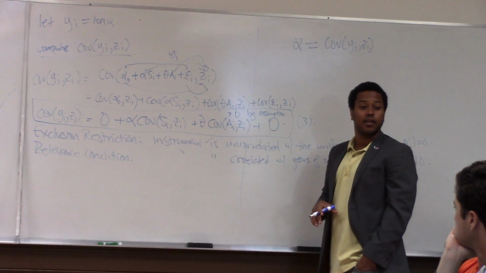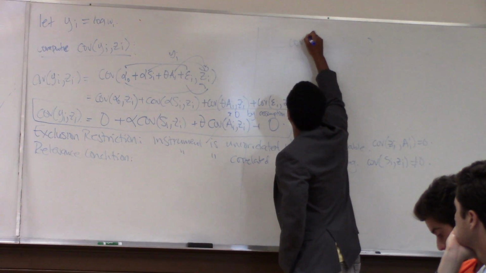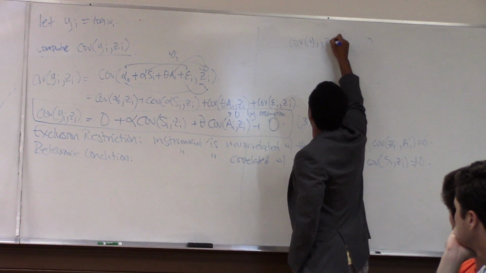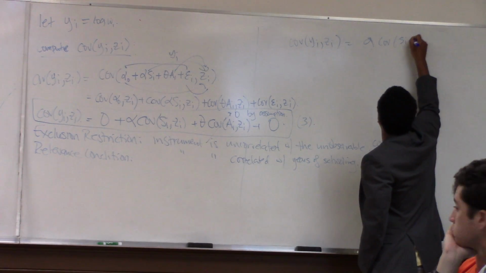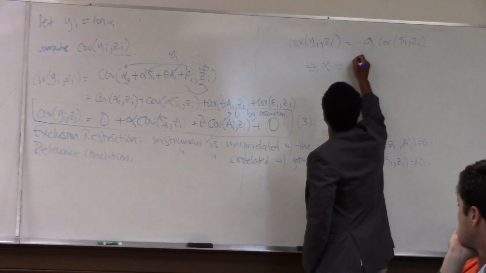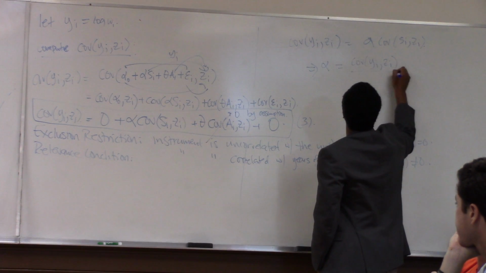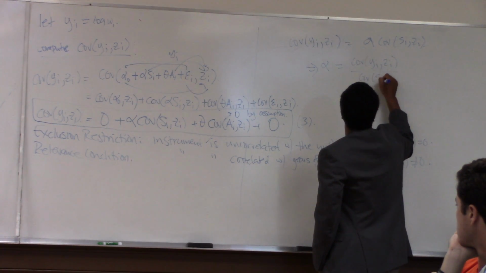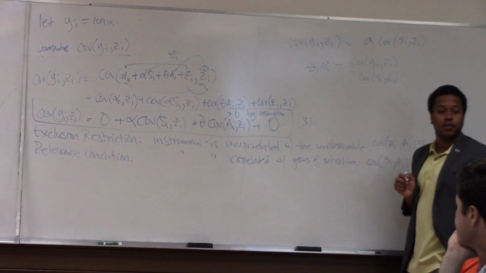Exactly. Does everyone see that? Because what we have here is the covariance of YI, ZI is equal to alpha times the covariance of SI, ZI. So that implies that alpha is equal to the covariance of YI, ZI divided by the covariance of SI, ZI.